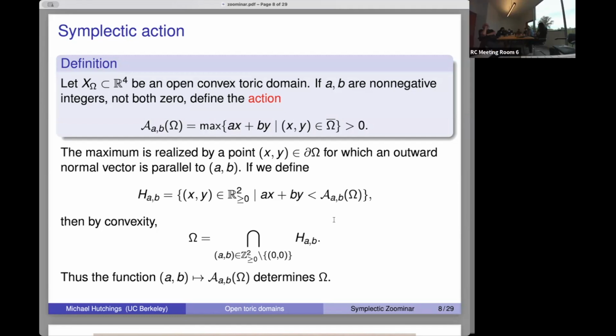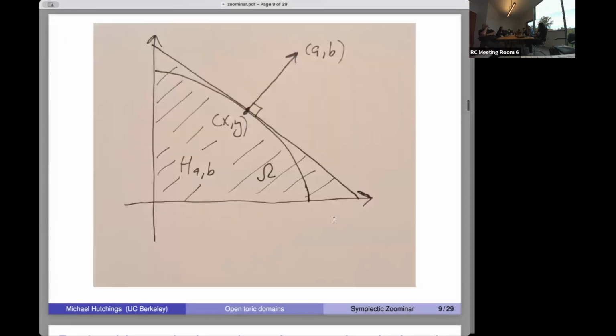Yeah, so what I meant is that what you proved, maybe I'm wrong, is that if you have a line in R2, you can find the normals that have integer coefficients and calculate the action using this formula with the inner product of xy and ab.